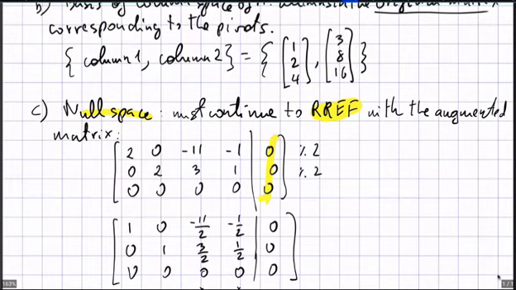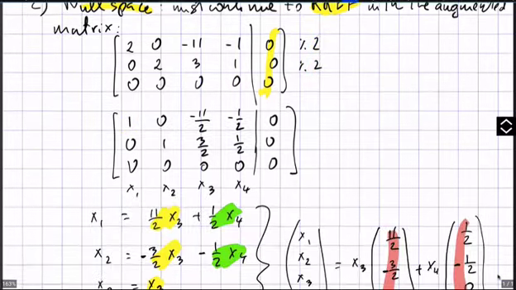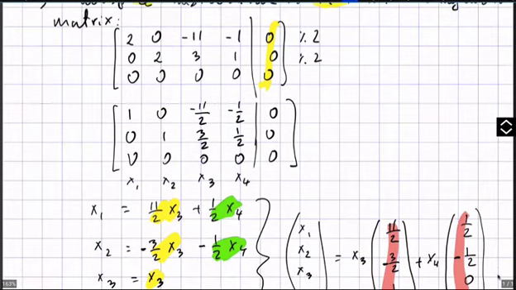So to continue and to get the full reduced row echelon form of the matrix, we have to divide both rows by 2 in order to get 1s in the leading entries. And then, yes, this introduces fractions.